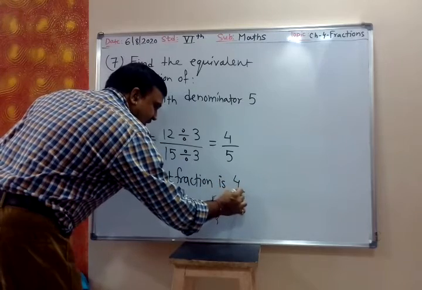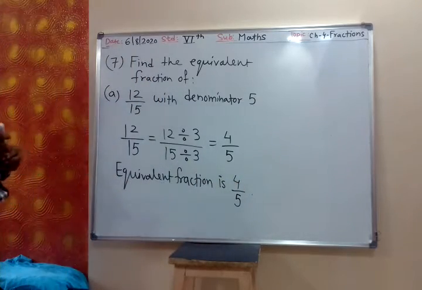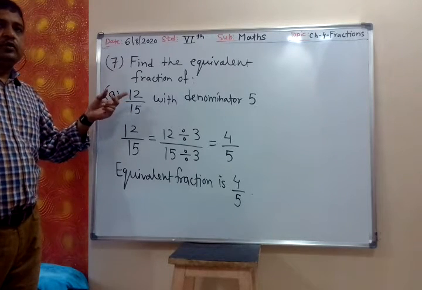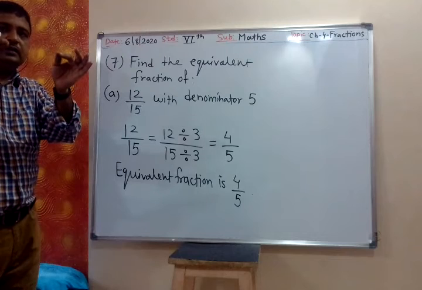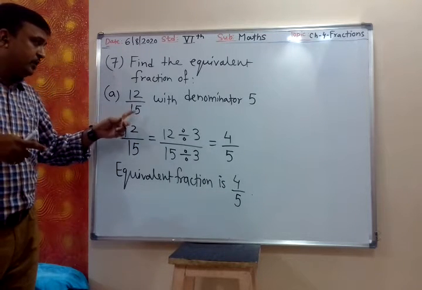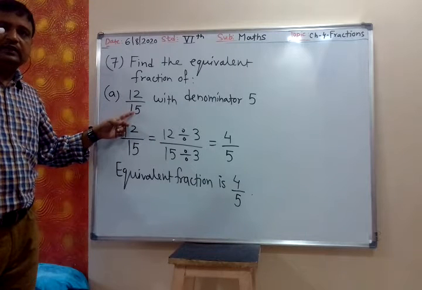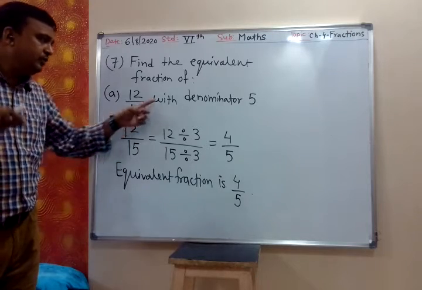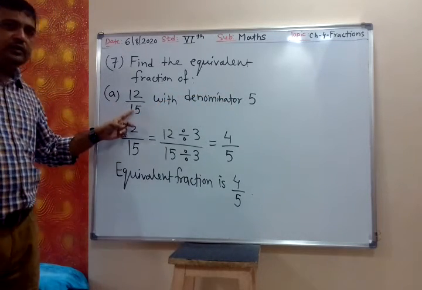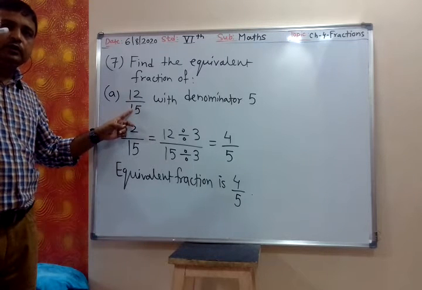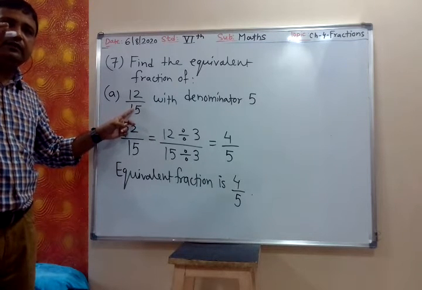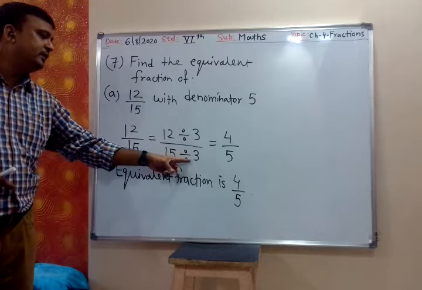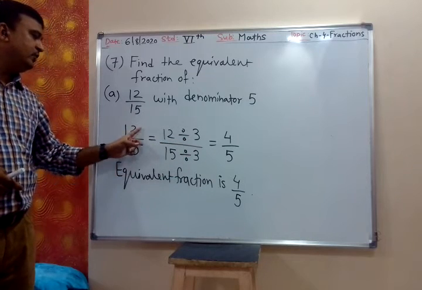We want the denominator 5. So in 4 upon 5 the denominator is 5. So 12 upon 15, we are given this fraction, to find the equivalent fraction with denominator 5. This denominator is 15, and we want 5. To make 15 as 5, I have to divide 15 by 3. So I will divide numerator and denominator both by 3.